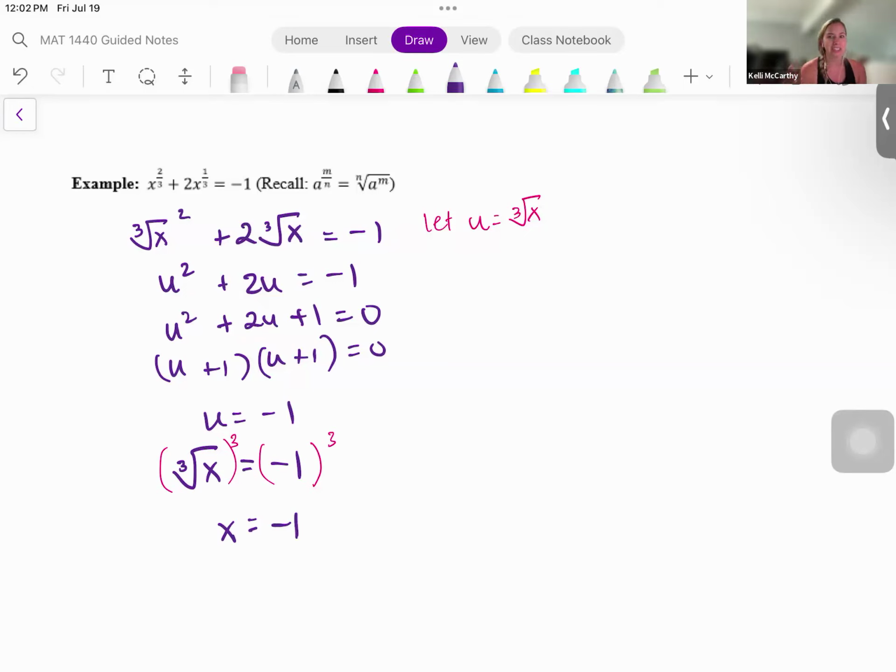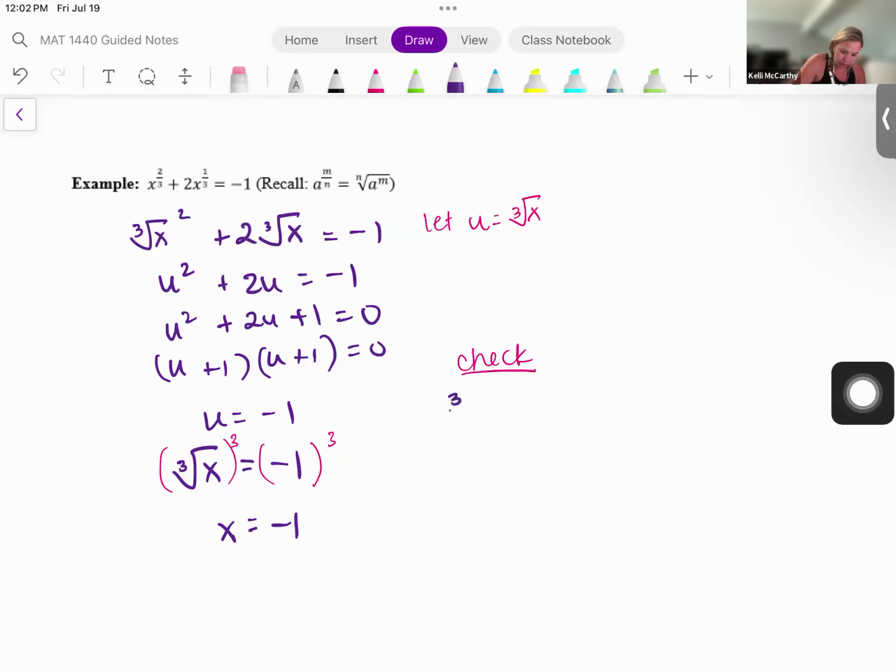Now, since this equation did start as a radical equation, if you recall from our previous video, we do want to check our solutions for a radical equation. So if we were to check this, I'm going to use the radical form of my equation instead of my rational exponents.